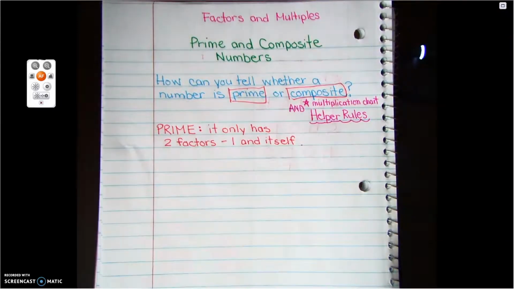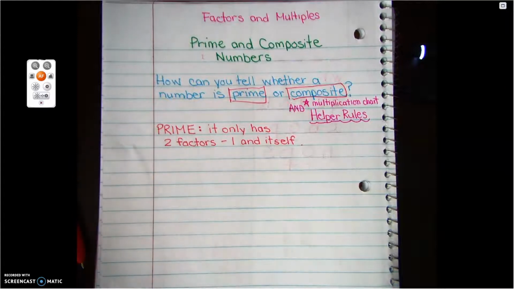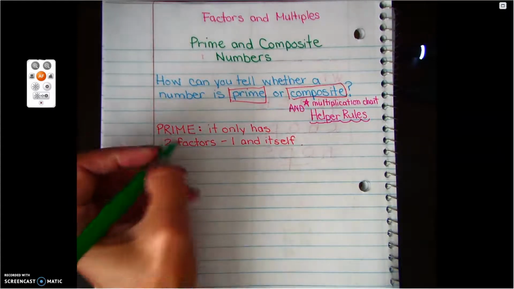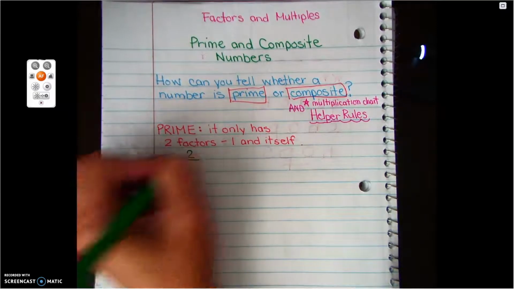That means that that number can only be multiplied by 1, and that's the only time that you're going to get it. For example, if we take the number 2, and we want to find our factors for 2.